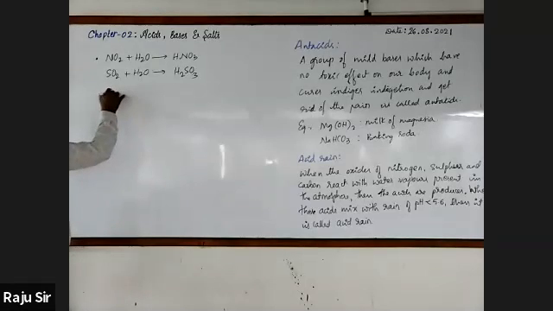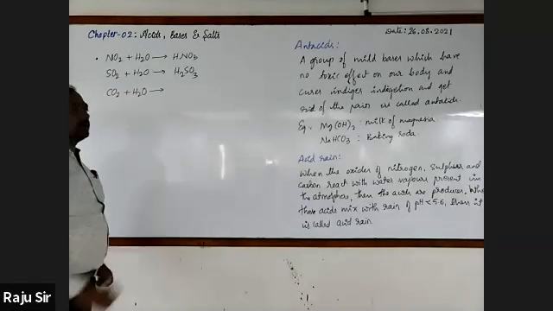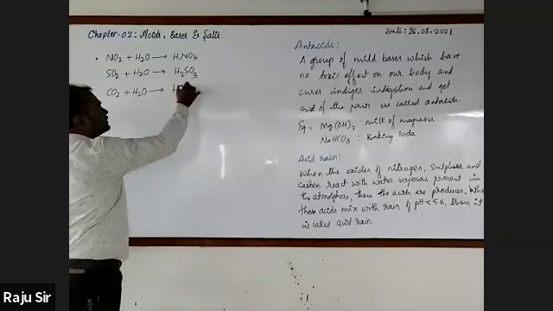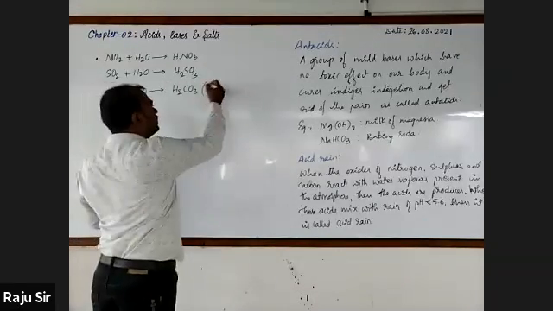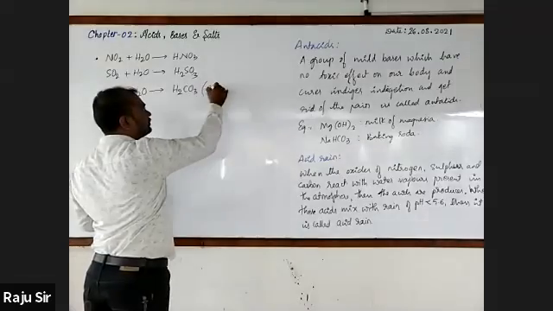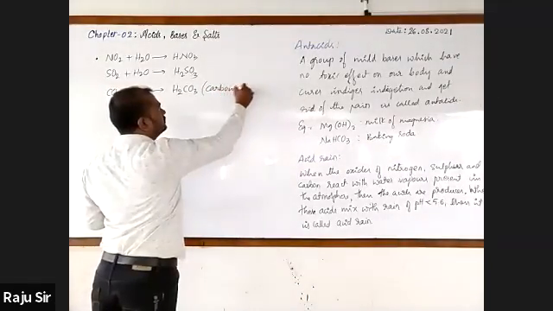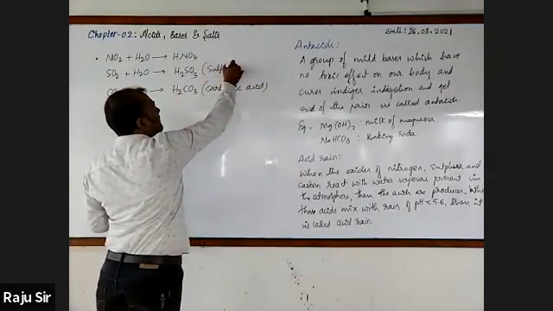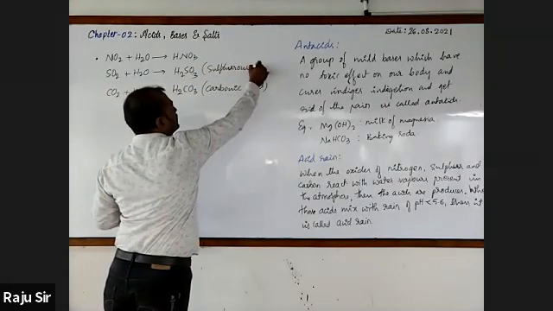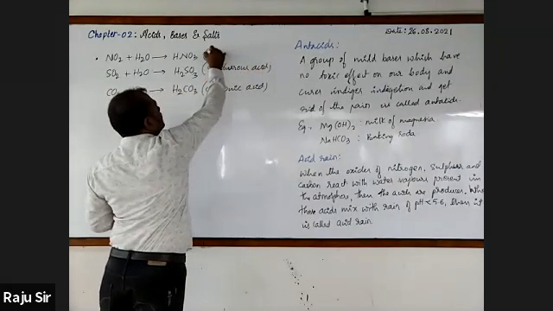Then when carbon dioxide reacts with water, it produces the acid called carbonic acid, H2CO3. In brackets you may write the names of these acids also. This is carbonic acid, this is sulfurous acid, and this is nitric acid.